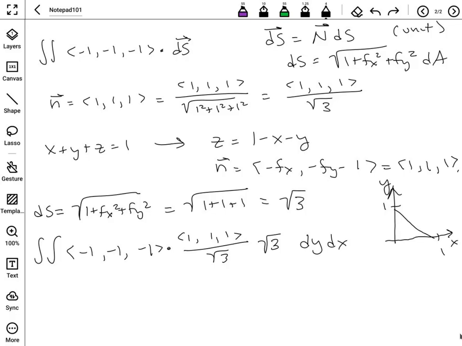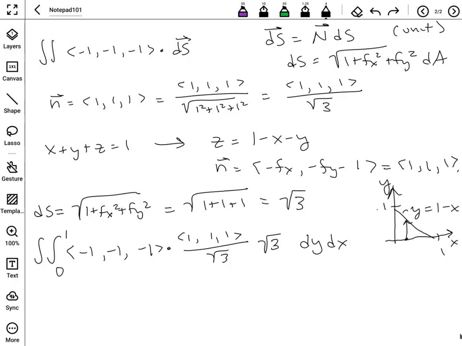So I wrote dy first, so y is bounded below by 0 and above by this line. So my lower bound is definitely 0, and I have to figure out what to put here. A lot of people are going to want to just put 1 because my highest value of y is 1. But remember, that would be like a rectangle shape, bounded above by 1 everywhere. I actually want to put the curve that's limiting me. This line right here doesn't always hit 1. Sometimes it hits different values.